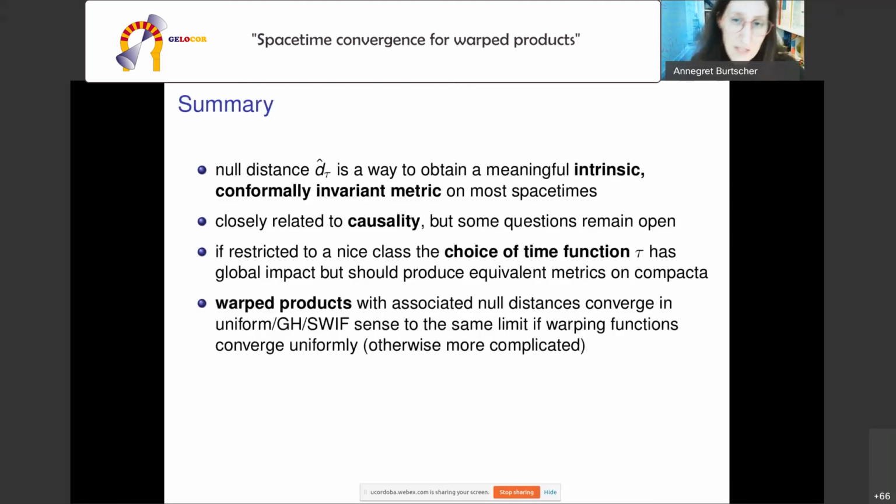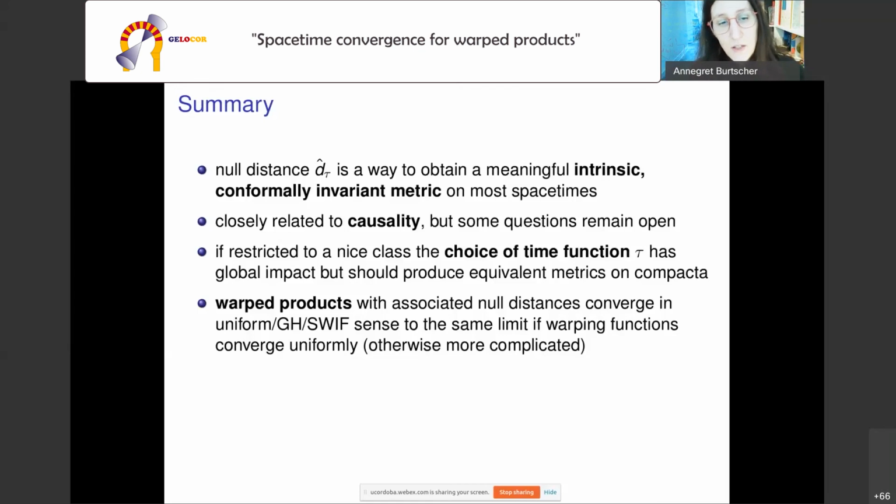And the case where we already long knew all these properties are nice is the case of warped products. For those, we proved that we have an integral current space, and then we can study the convergence of these warped products with their associated null distance.